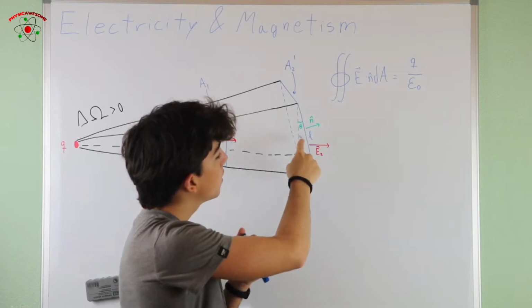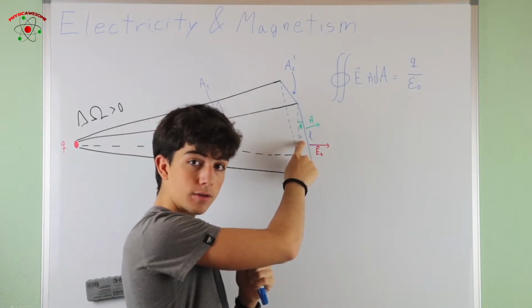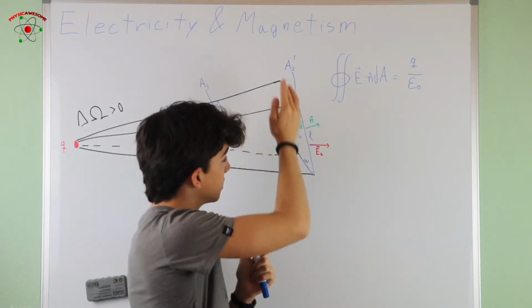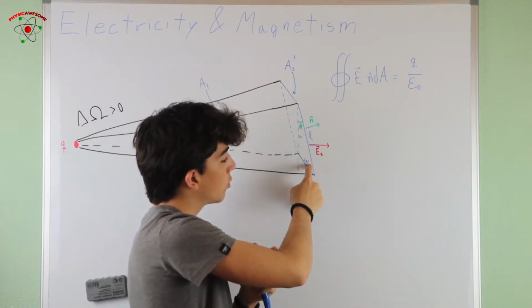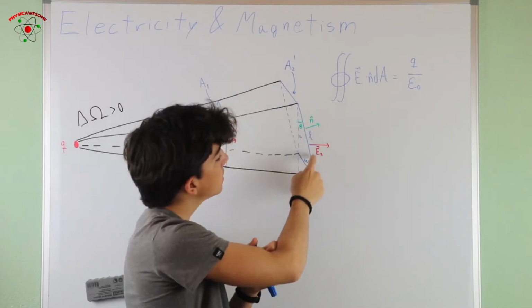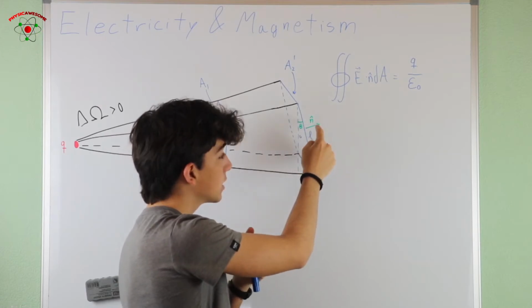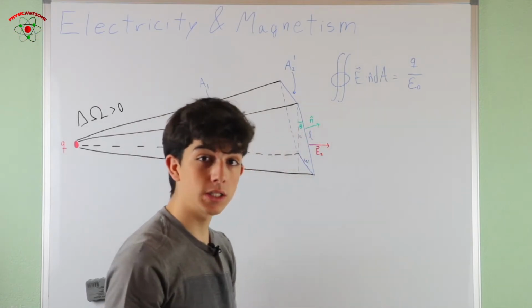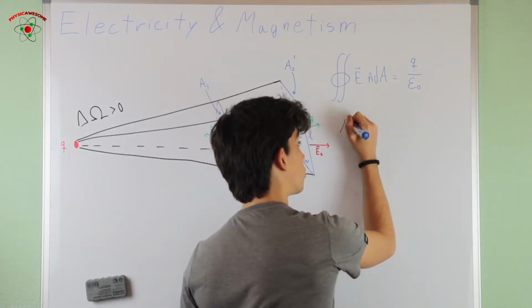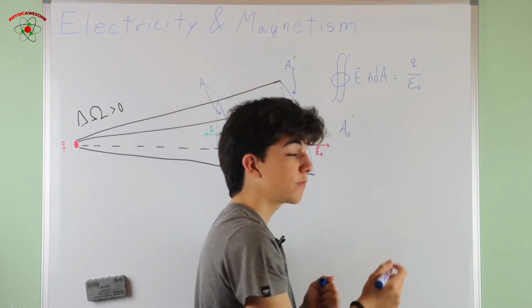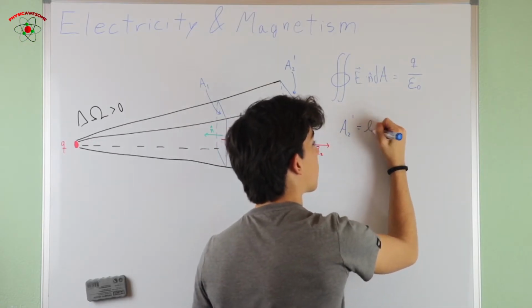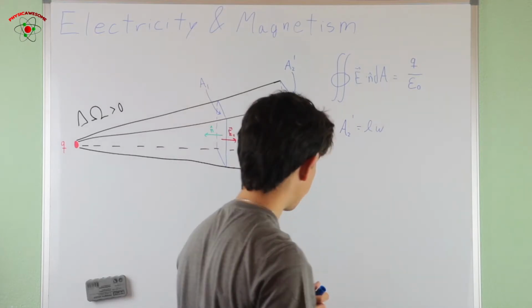Therefore, we have our height from before, called S, this distance. Now we have the same width, but the surface A2 is now going to depend on that quantity L. A2 prime, our new surface, is going to be L times W.